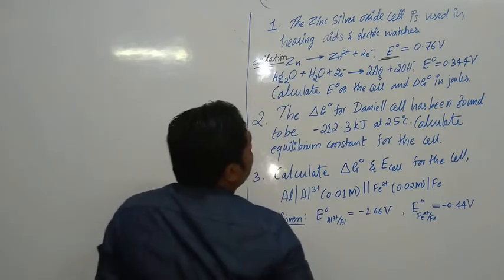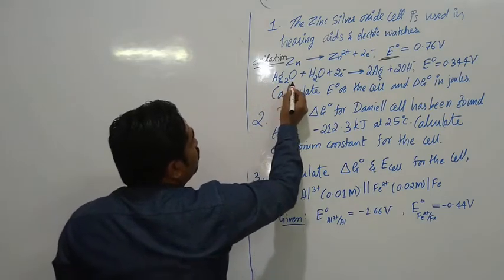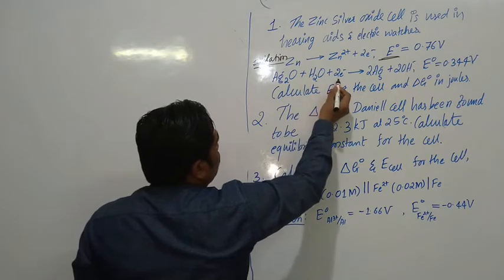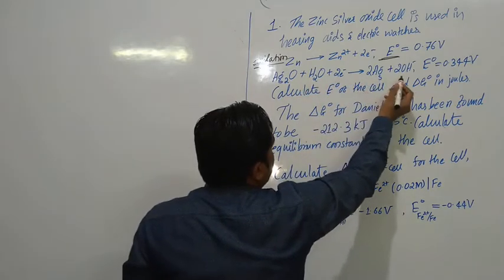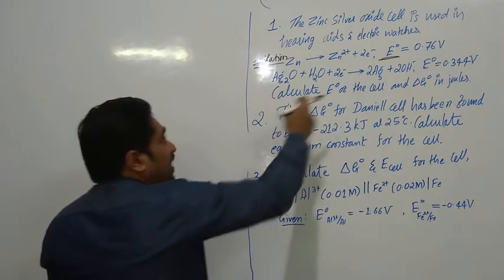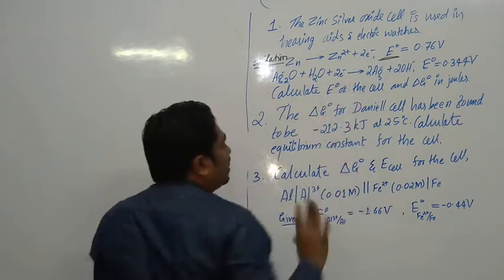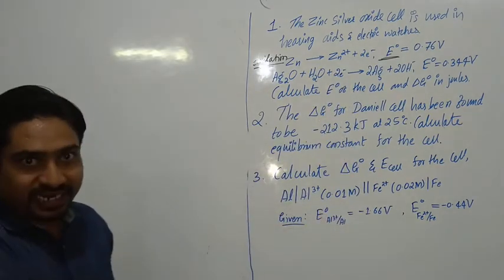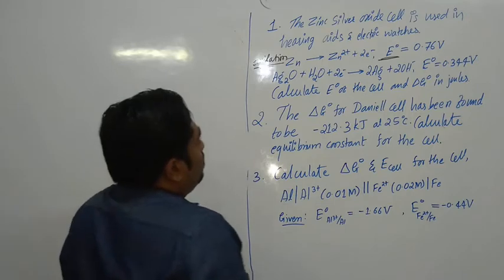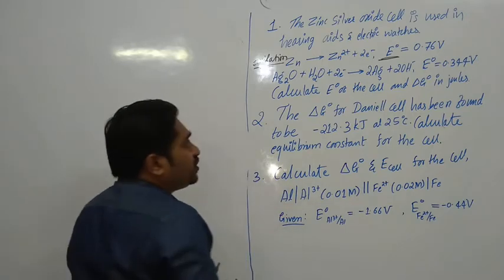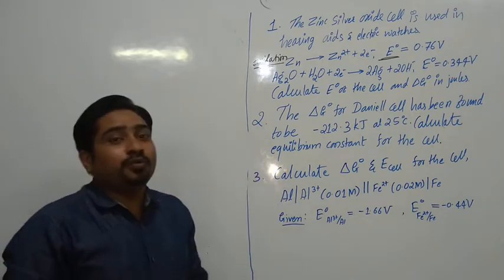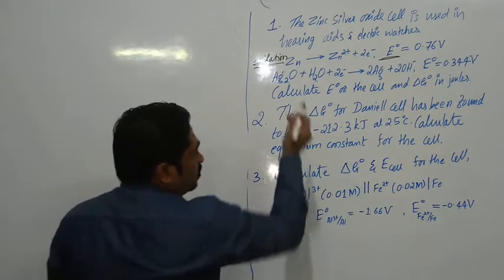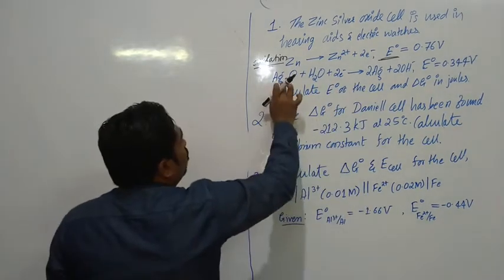And next, come to the other reaction: Ag2O plus H2O plus 2 electrons gives 2Ag plus 2OH minus. Here electrons are added, so undoubtedly this is a reduction reaction, and for confirmation we will check which component is reduced. So let us write the oxidation states.